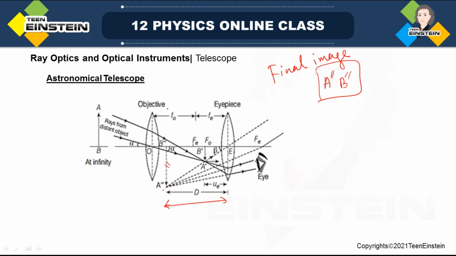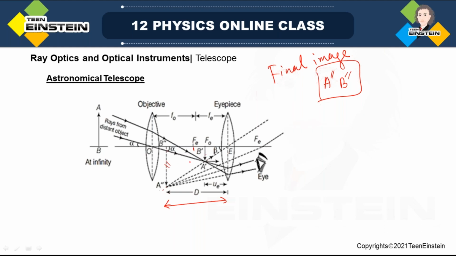Now what is the definition? I hope you have understood the working principle. The objective has a large aperture and a very large focal length. The parallel rays coming from a distant object create an image at the focal plane of the objective itself, and that image A prime B prime acts as an object for the eyepiece, situated in between the focal length.